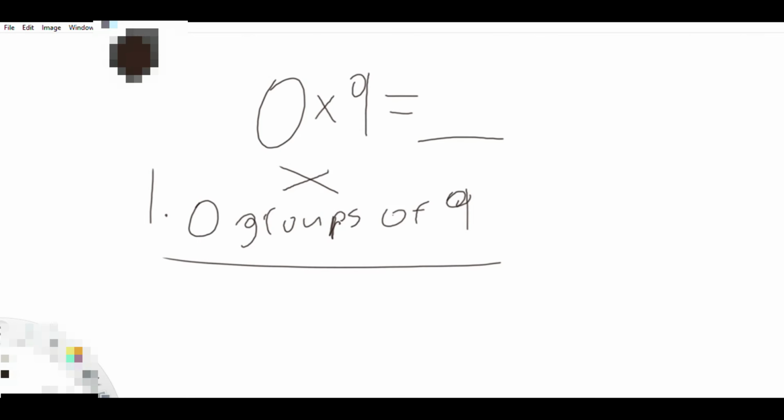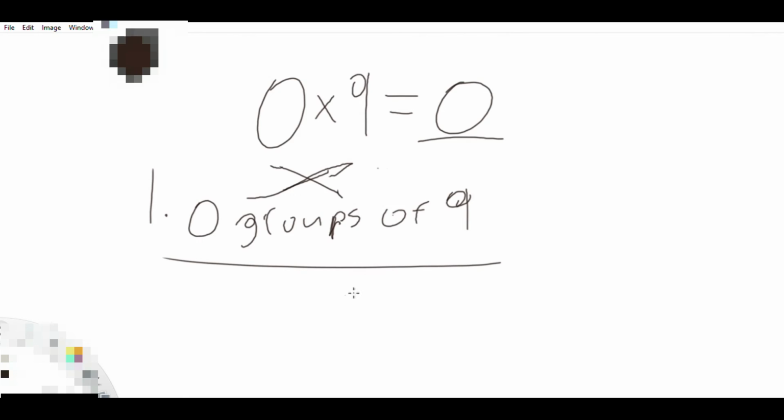But for better understanding, the primary reason why 0 times 9 is 0 is, look.